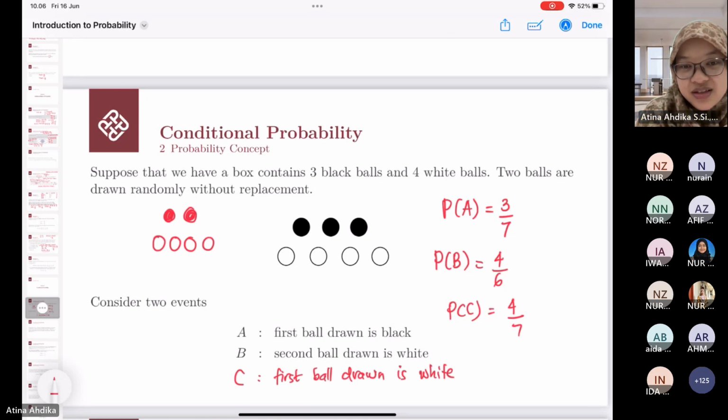So can you see the difference between B and C? The probability of B is when we calculate the probability for the second ball. But for event C, we calculate the probability of the first ball. So this is quite different.